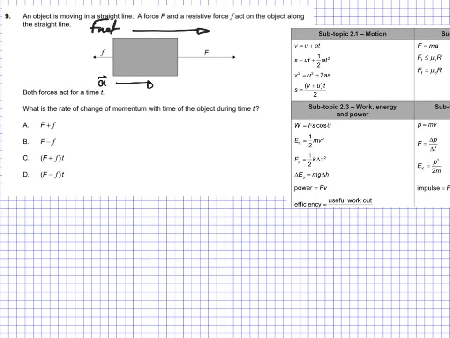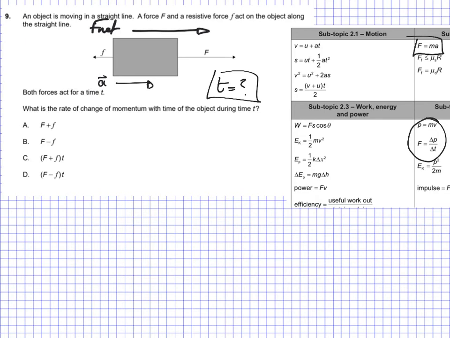So we can say a couple of things about it. We can talk about the change in momentum. It's going to be accelerating, so there's a change. This might happen for a period of time, which we don't know. There's a time frame around this. We can talk about Newton's second law, F equals ma.